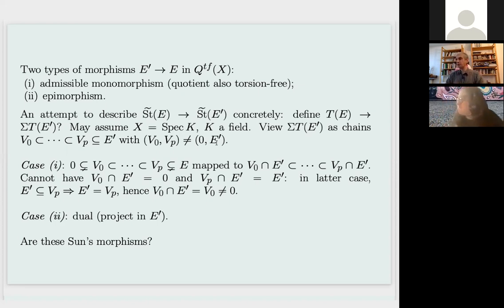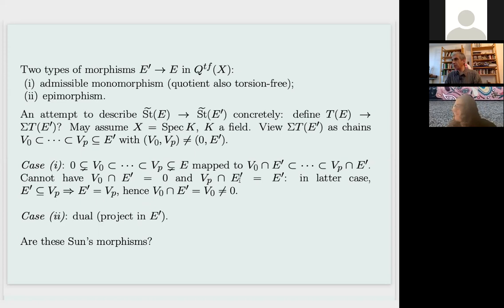So I want to get a map from T of E, described as before, to the sigma of T of E prime, described like this. And the obvious try is to take a chain in E and to take its intersection with E prime. And it works because you cannot have V0 intersection E prime equals 0 and Vp intersection E prime equals E prime at the same time.